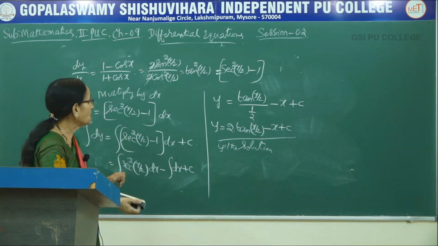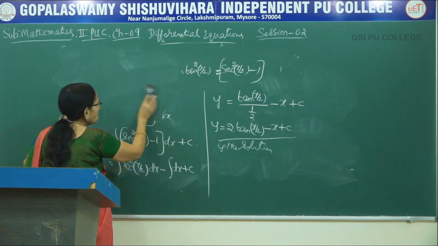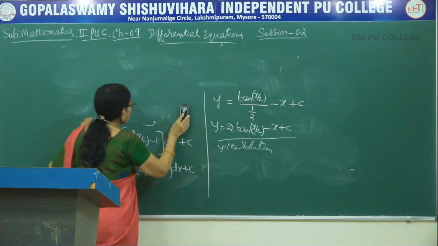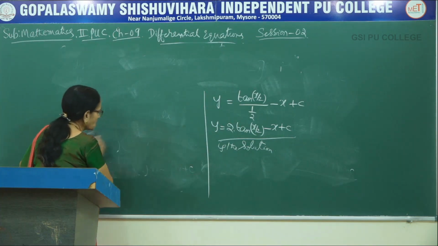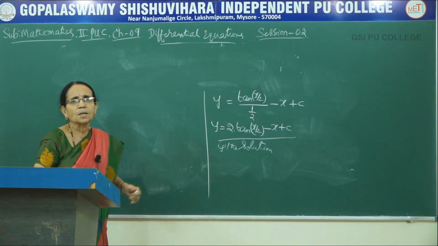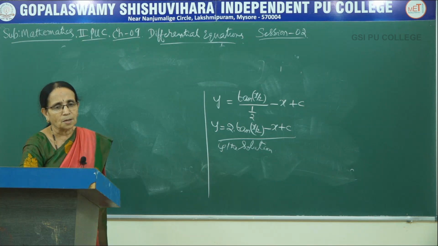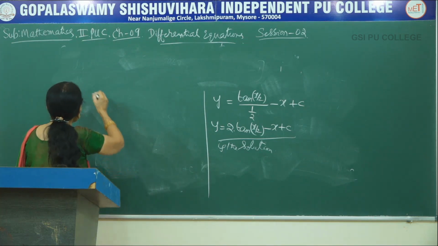Next problem. See, in this problem I had dy by dx and the other term was containing only x here. So, we had integral dy and only the other function containing x had to be readjusted. Look at the next problem.